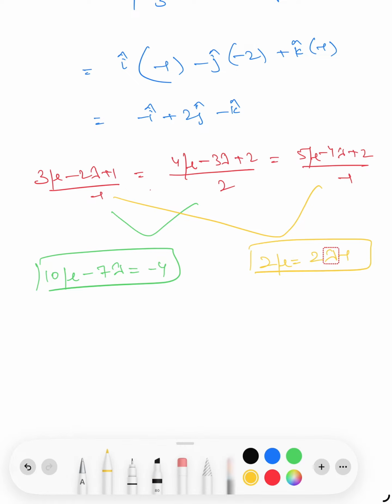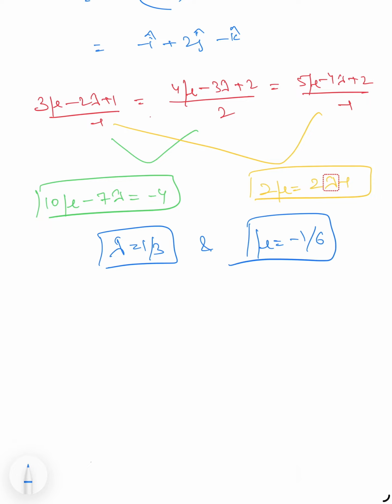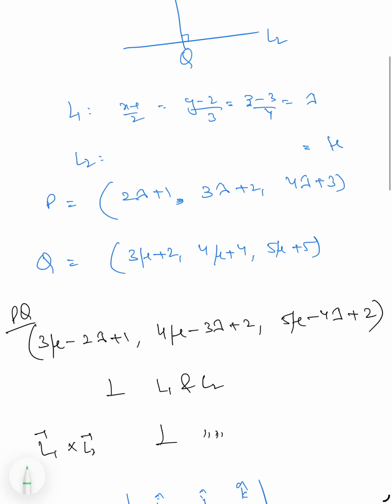Now solving these two equations, we'll get the value of lambda as 1 by 3 and mu as minus 1 by 6. Now we substitute lambda equals 1 by 3 and mu equals minus 1 by 6.